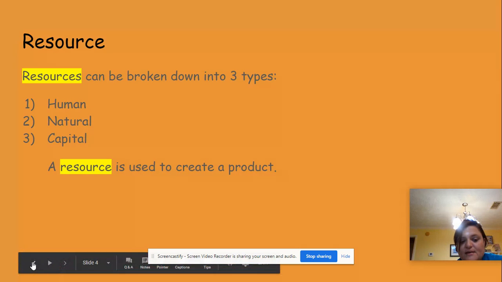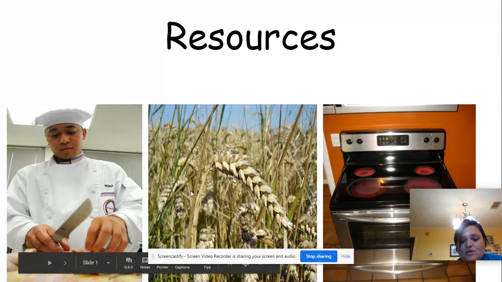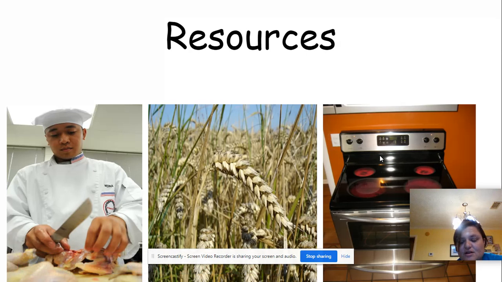And if you go back to that very first slide we were on, all of these are considered resources because they help make a product. And you're going to see in a minute that in this case, these resources were making the product called bread. Remember, we talked about wheat being the resource that makes the bread. Of course, you need a stove, and you're going to need a chef or a cook.